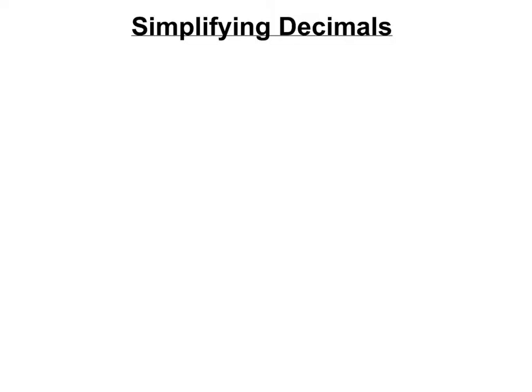Simplifying decimals means getting rid of zeros that we don't need. So for example, let's take a look at 0.005200. Now, obviously I'm going to leave the 0 that's a placeholder for the whole numbers. But the question is, can I get rid of these zeros, or all 4 of them?